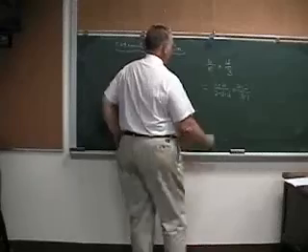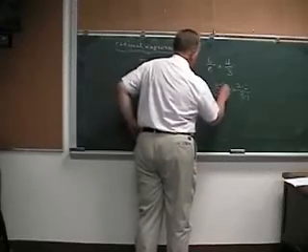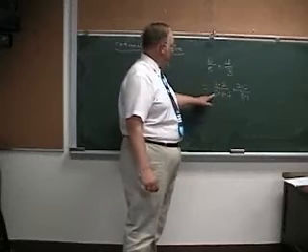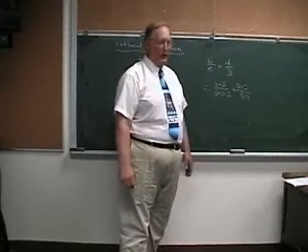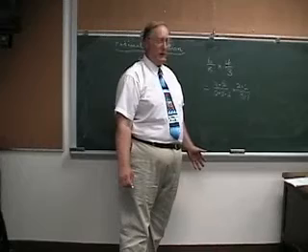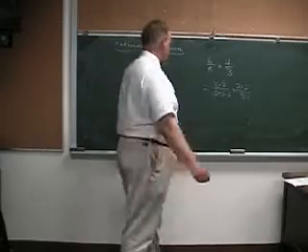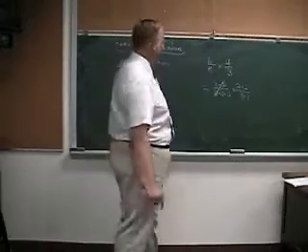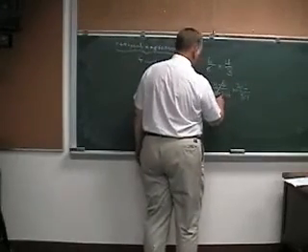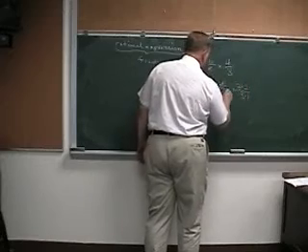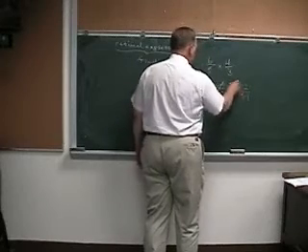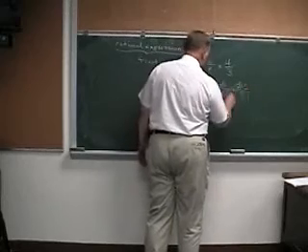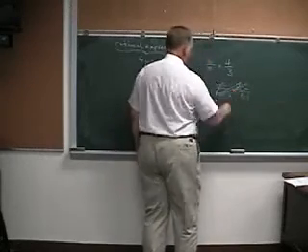Now what we can do is look at this part of it right here, and we have a 2 on top and a 2 on the bottom with a divide sign between them. 2 divided by 2 is what? 1. So this part of the fraction just becomes 1. And here we have another 2 on top and another 2 on the bottom, and 2 divided by 2 again is 1. We have another 2 and another 2, and that is 1.